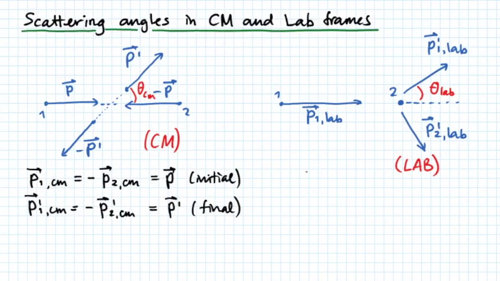Next, let's consider the lab frame p sub 1 lab, which is defined as mass of the first particle times the position of the first particle dot.